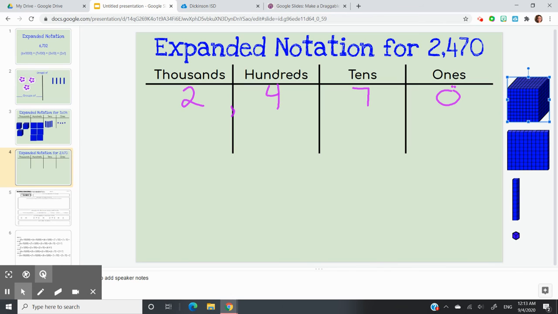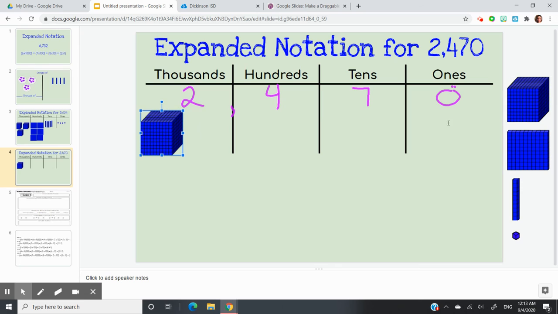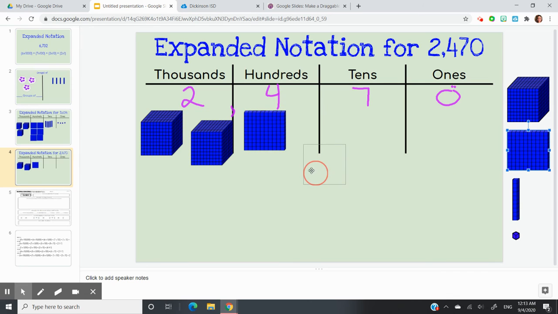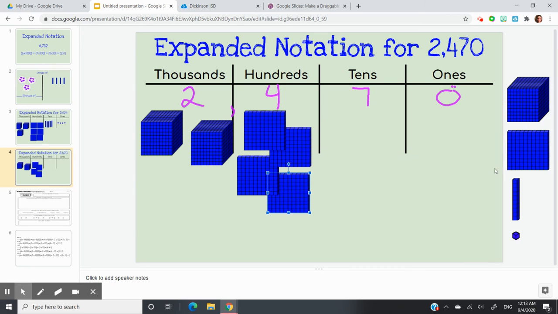So I have 2 thousands, so I'm going to bring over my 2 thousands. Then I'm going to bring over my 4 hundreds. And then I'm going to bring over my 7 tens.